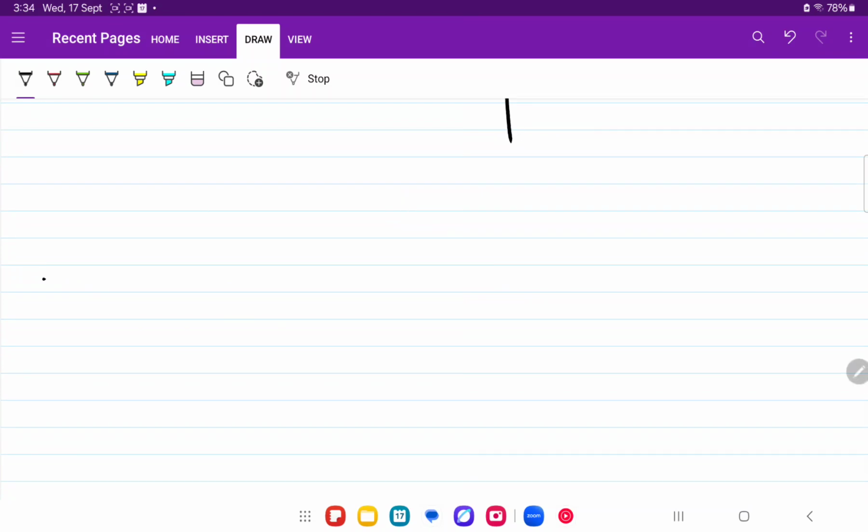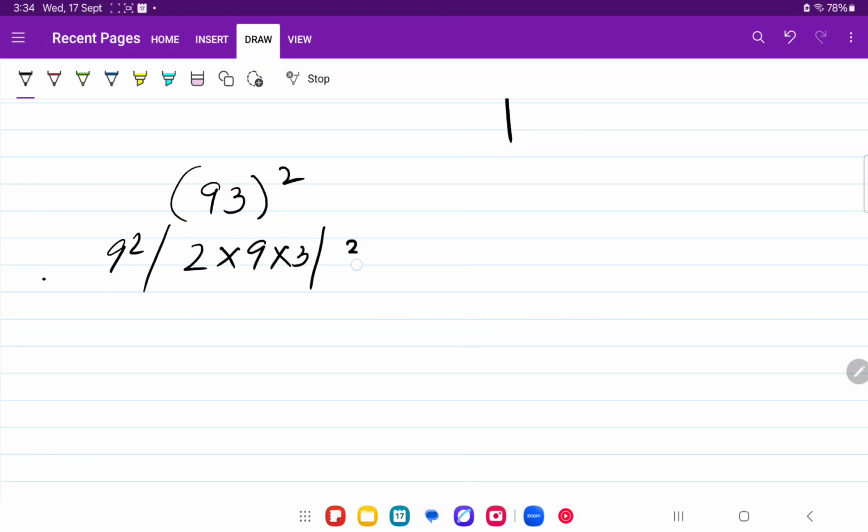Okay, so let's do 2 examples more. Which number do you want now? Let's take in the 90s. Do you all want in the 90s? Okay. 93 square. I have not prepared any notes. I am just doing as I am thinking here. See how fast it goes. So 9 square, 2 times 9 times 3 and 3 square. 9 square is 81. 2 9s are 18. 18 3s are 54. 3 square is 9.